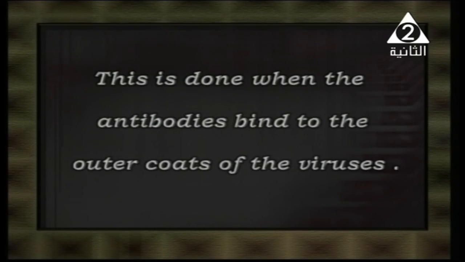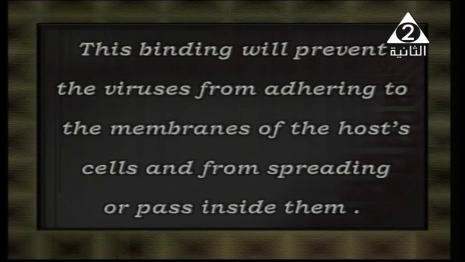Okay, as we said here, this is done when the antibodies bind and combine with the outer coats of the virus. I mean the viruses that already have coats or an envelope. This binding will prevent the viruses from sticking or adhering to the membranes of the host cells. I mean, this binding is very important for the process of neutralization and from spreading or passing inside the cells of the host.